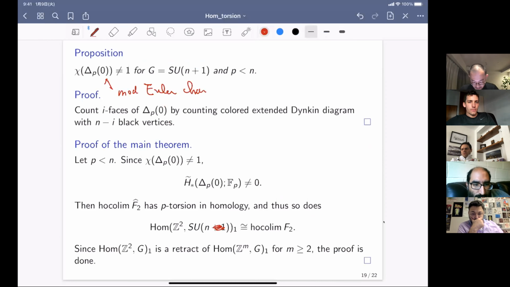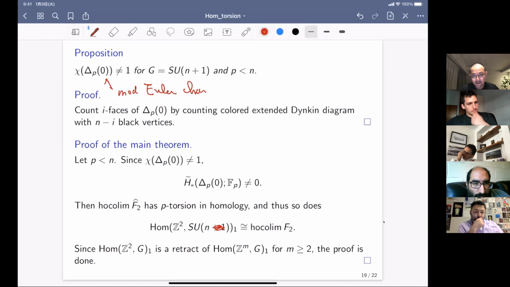So hocolim F2 has P torsion in homology too. And now hocolim F2 is nothing but Hom(Z^2, SU(n)). So we have seen that Hom(Z^2, SU(n))_1 has P torsion in homology. And now Hom(Z^2, G)_1 is a retract of Hom(Z^m, G)_1.